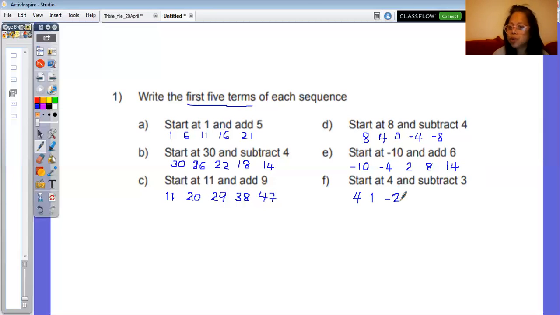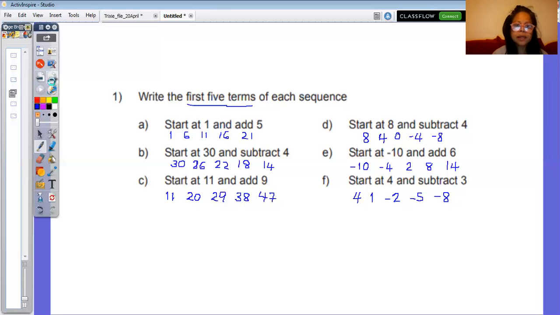Again, subtract 3 from here. From minus 2, move 3 units to the left, you'll have minus 5. So minus 5, minus 8. So you're moving to the left 3 units. Okay? So those are the simple rules of add and subtract, or add and take away.